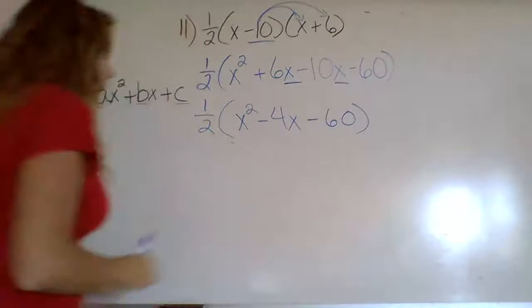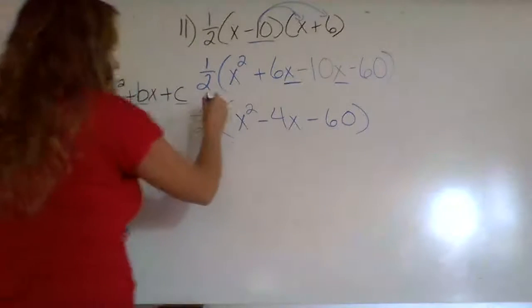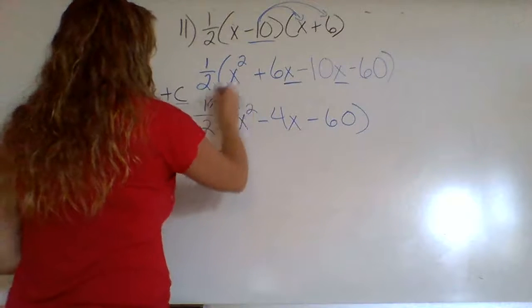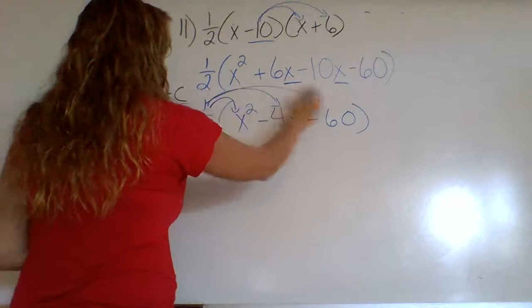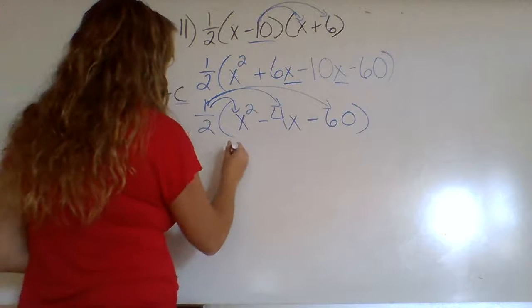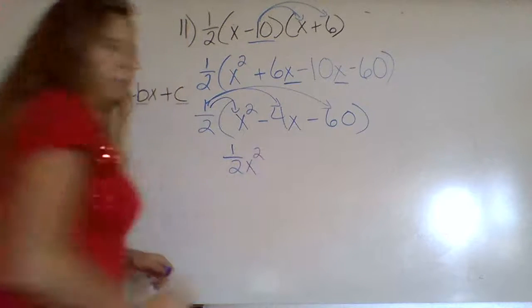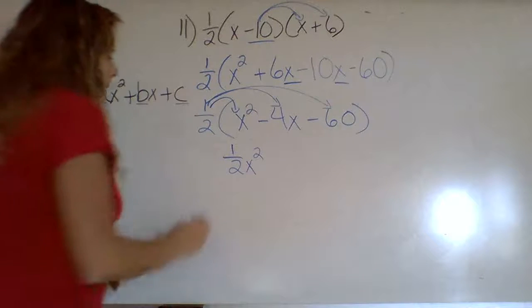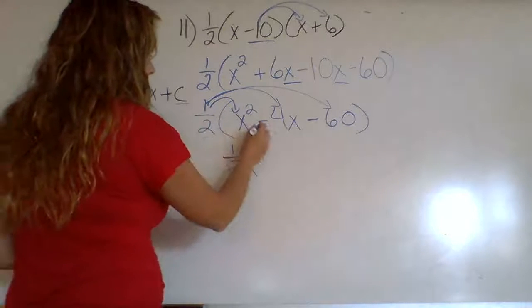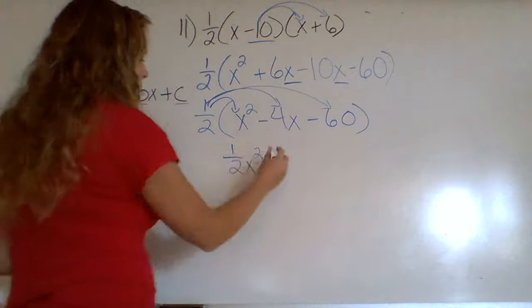Now, finally, we can deal with my 1/2. So I'm going to distribute it onto everything inside the parentheses. 1/2 times x squared is just 1/2 x squared. 1/2 times negative 4x is, what's 1/2 of negative 4?